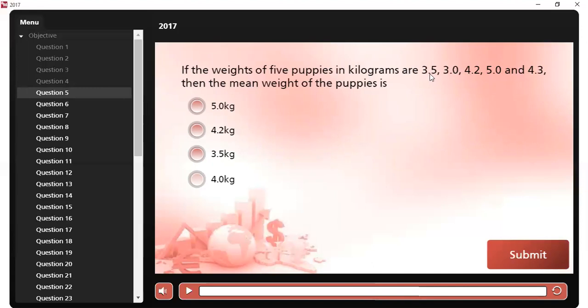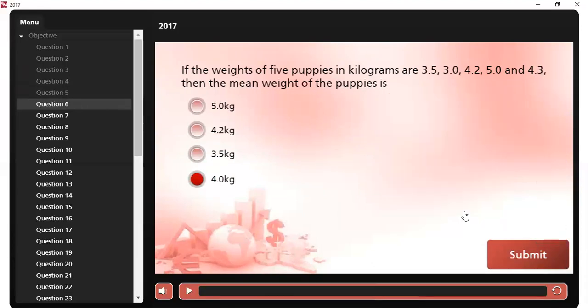Here, if you sum 3.5 plus 3.0 plus 4.2 plus 5.0 plus 4.3, it is going to give you 20. Now, how many are they? 1, 2, 3, 4, 5. Divide 20 by 5. Your answer will be 4 kilograms.